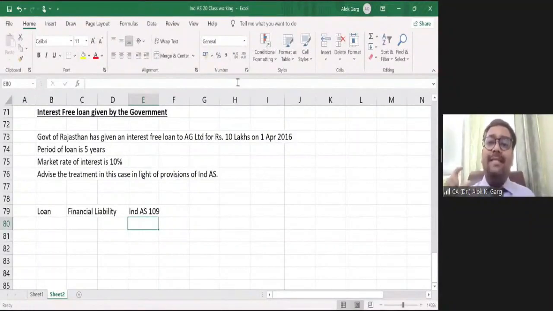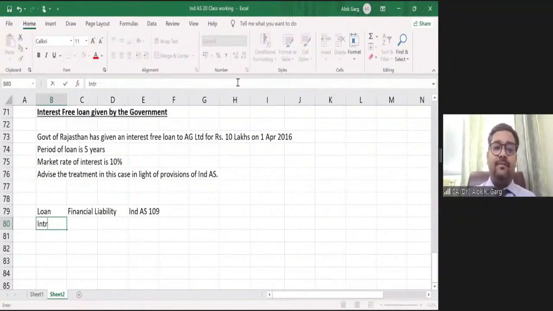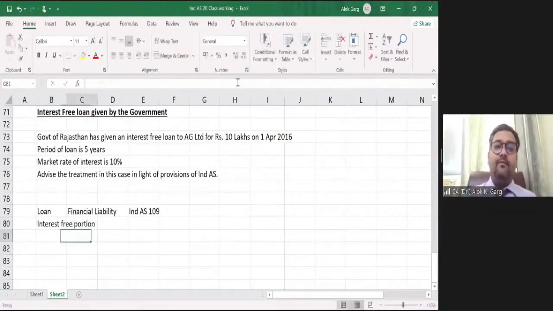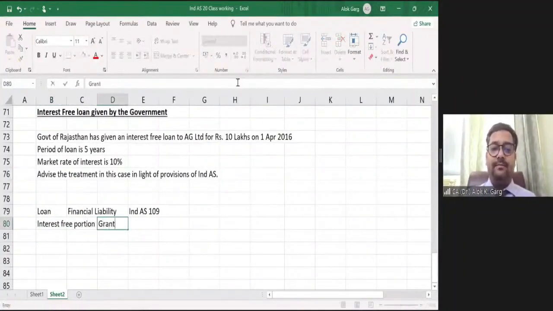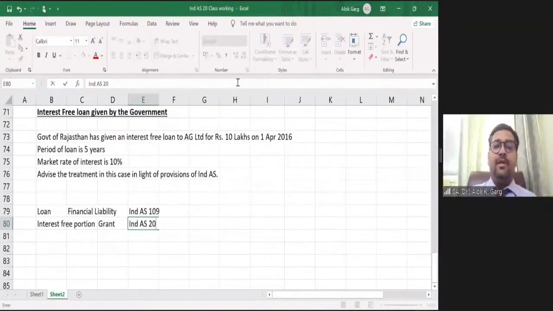And since the government has given an interest-free loan, Ind AS 20 also comes into picture, and this interest concession, this interest waiver or interest-free portion will be considered as a grant, and it will come under Ind AS 20.